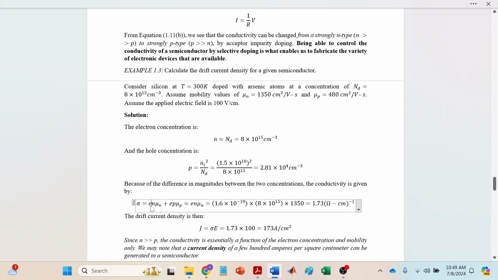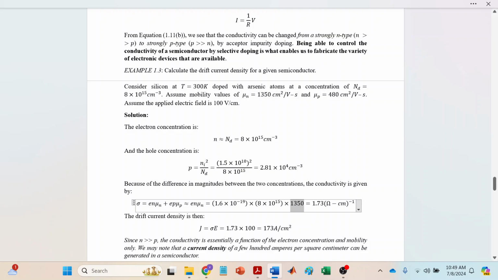So e is the value of the electronic charge, n is the number of negatively charged free electrons, which in this case is the donor concentration. Then multiply it by the electron mobility value.